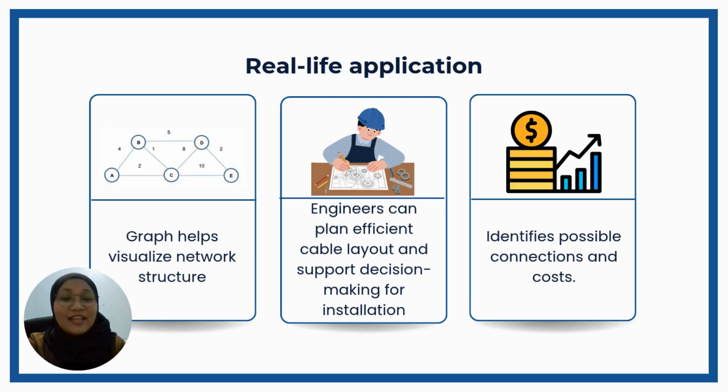Next, in a real-life application, this graph model helps engineers to visualize the network structure. It allows them to plan cable layouts efficiently, compare costs, and identify the most practical way to connect all buildings.